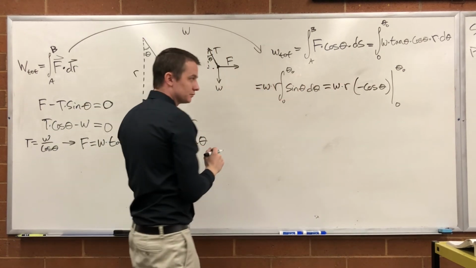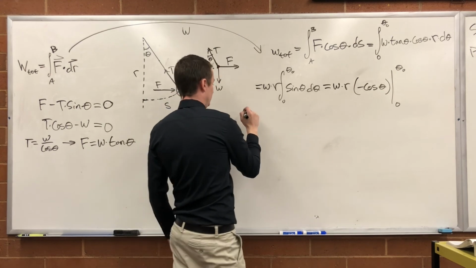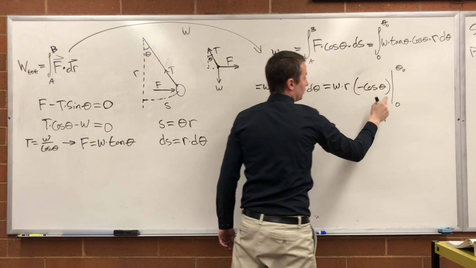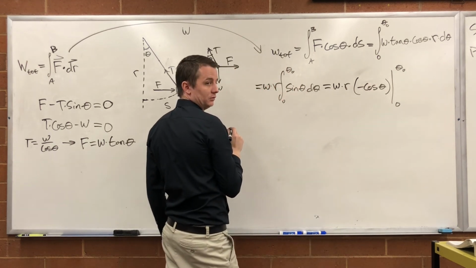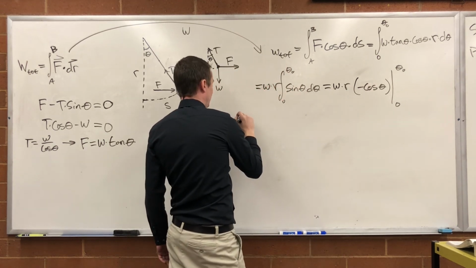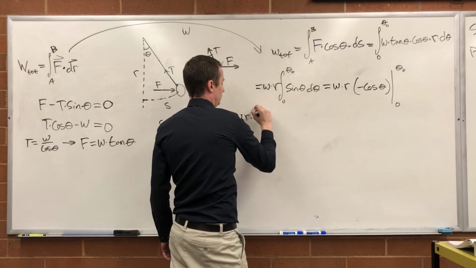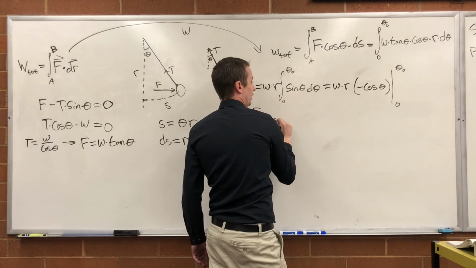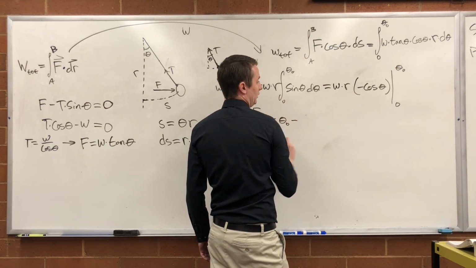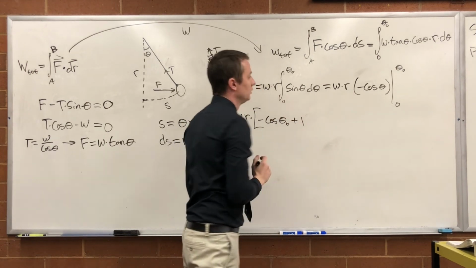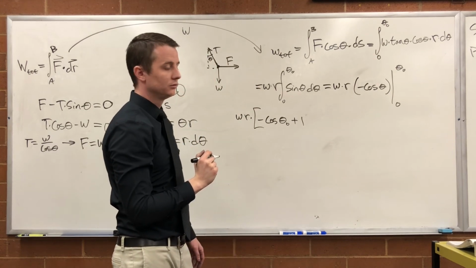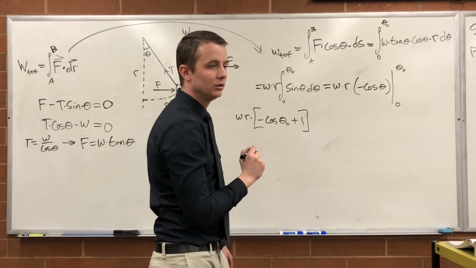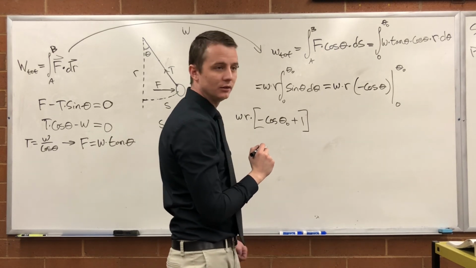We got to plug in theta naught and then minus what we get when we plug in 0. So we have omega r times, we can keep that factored out. So we have negative cosine of theta naught minus, cosine of 0 is 1. So it would be minus 1.